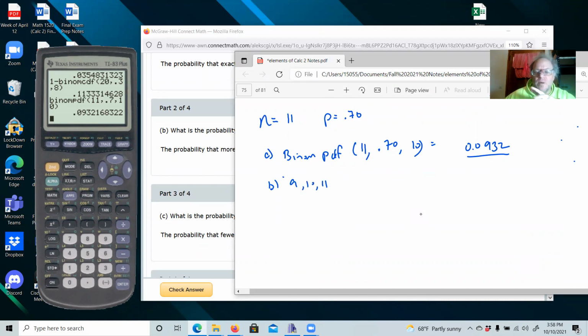Okay, so because we have a collection now, we need the binomial CDF. It says more than, so 1 minus binomcdf, and we count up to a certain number. Here we're going to count up to 8.